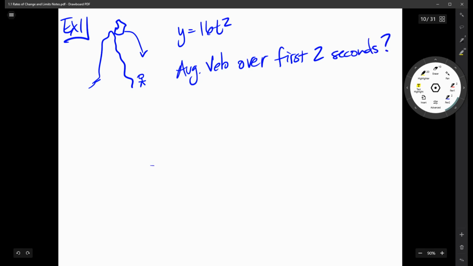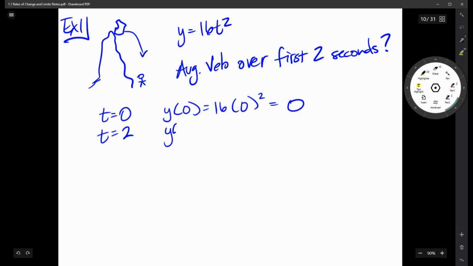Okay, so we need a couple of points and we need to calculate the change in distance over the change in time. Well, let's talk about first, time 0, second, time 2 seconds. What is the position at time 0? Well, that'd be 16 times 0 squared, so that's 0. What is the position at 2 seconds? That's 16 times 2 squared, so that's 16 times 4, so that's 64.